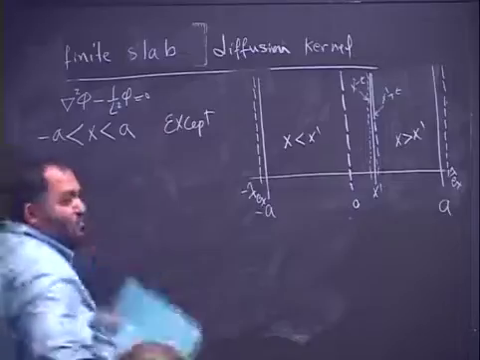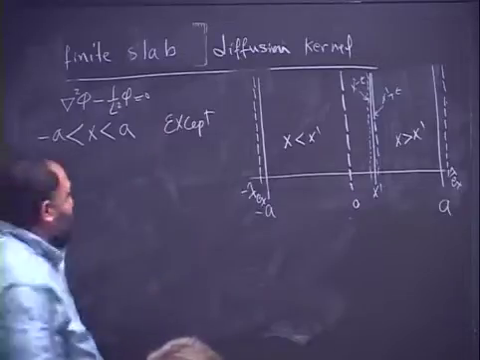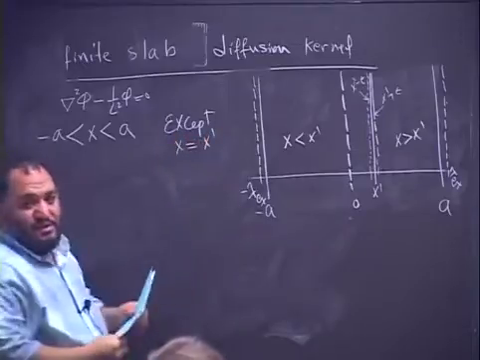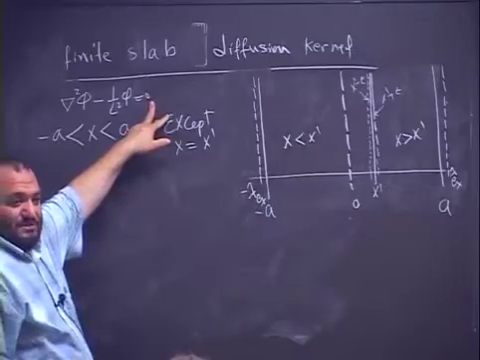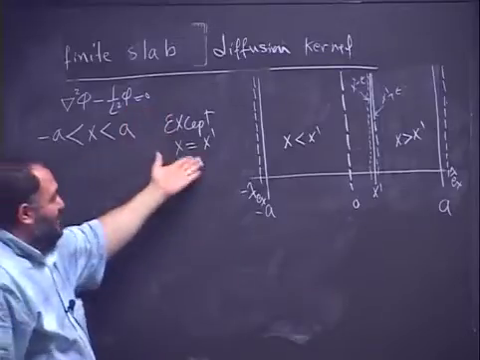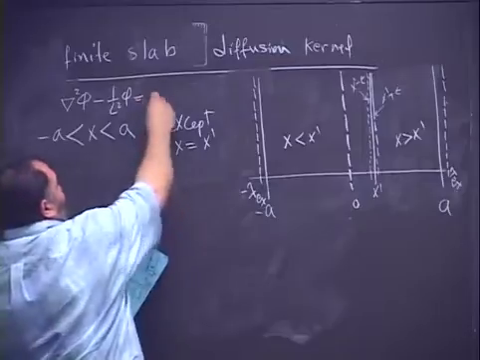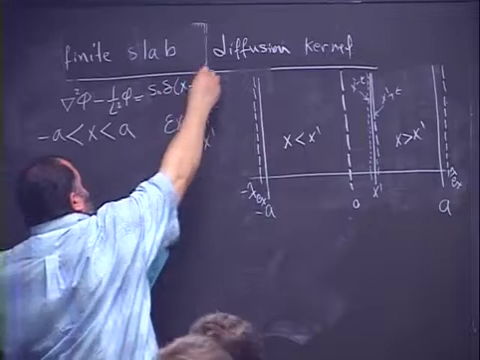This equation is true everywhere with the exception of x equal to x prime. Why? Because at x prime, this is not 0, this is S0 delta of x minus x prime, because the source is at x prime. So at x prime, you cannot say that this equation is valid.